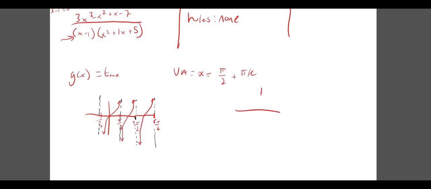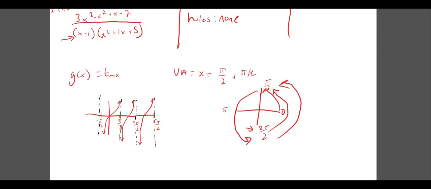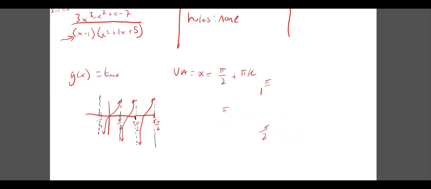So pi over 2, if you think about a unit circle, you have pi over 2, 3 pi over 2, 5 pi over 2, 7 pi over 2, 9 pi over 2, 11 pi over 2. And it just continues infinitely. And then horizontal asymptote, none. There's also no holes. Okay.